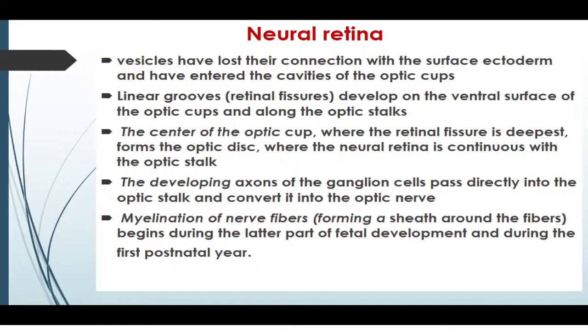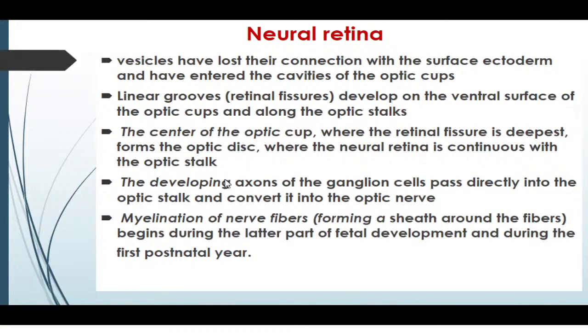The center of the optic cup, where the retinal fissure is deepest, forms the optic disc. This is the optic disc, near the center of the future fovea centralis, where the neural retina is continuous with the optic stalk. And of course, the blind spot also.